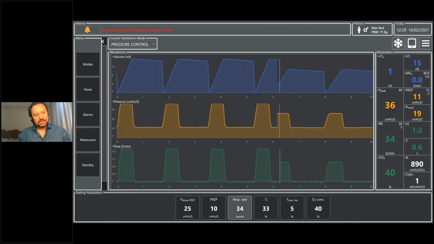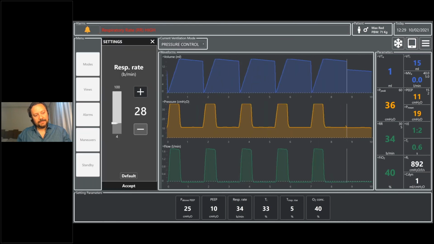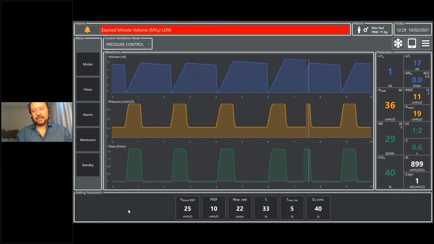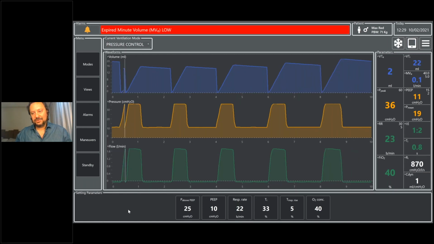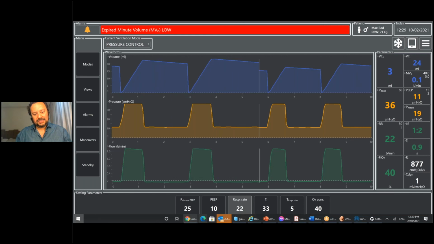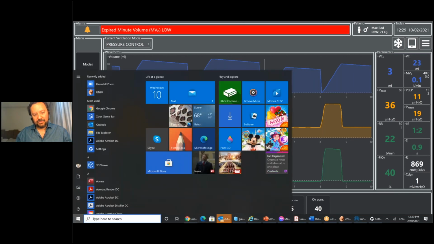So I can just decrease the respiratory rate because it's also not healthy to have a really high respiratory rate. So this is like a patient really not receiving any volume, low in compliance, high in resistance. This is like an extreme patient, and this is where we really face the problem. So this was an extreme case.